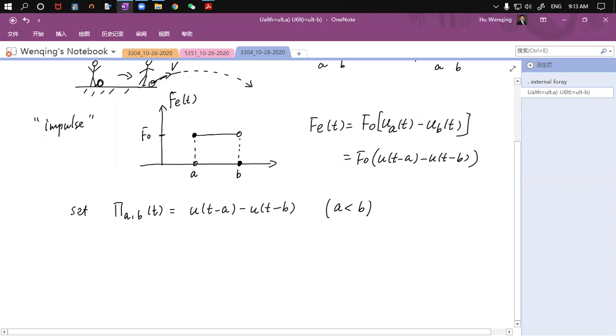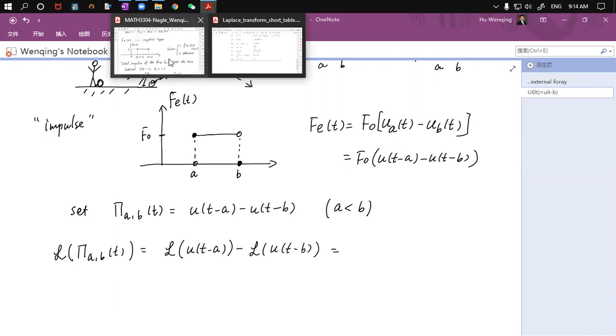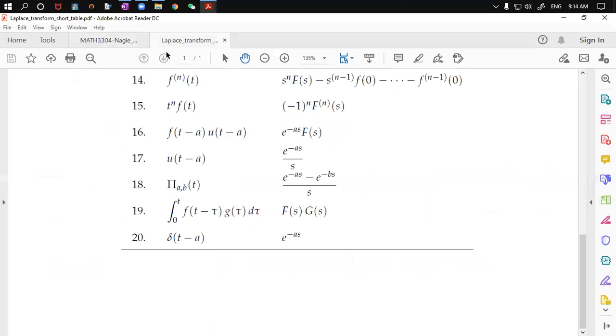So therefore, you can see that the Laplace transform of this pi ab of t is easy to calculate because of the linearity of the Laplace transform. It is nothing but the Laplace transform of u(t minus a) minus the Laplace transform of u(t minus b). If you still remember, or if you don't remember, it doesn't matter. You just realize that here u(t minus a) is transformed to e to the power minus as over s.